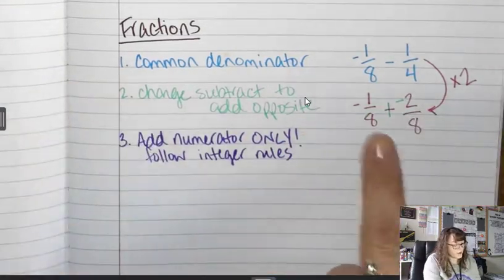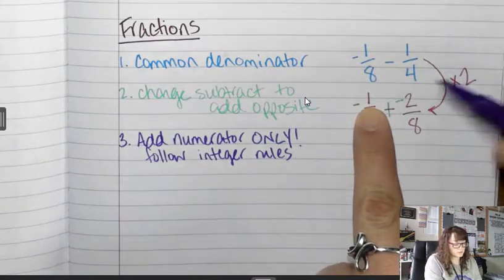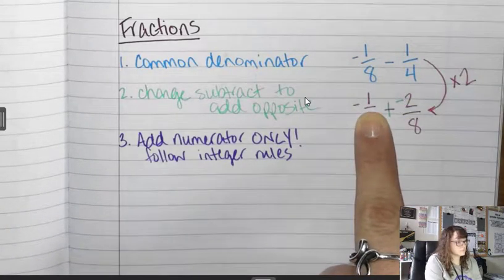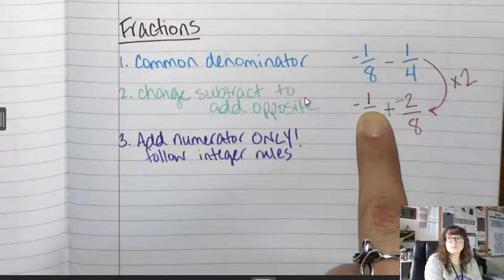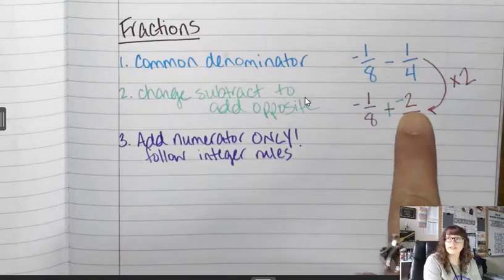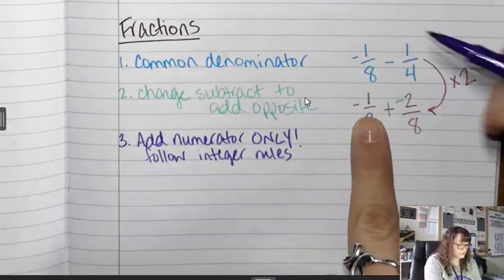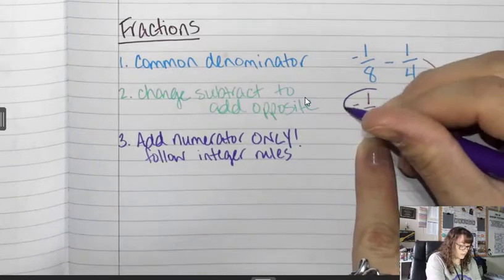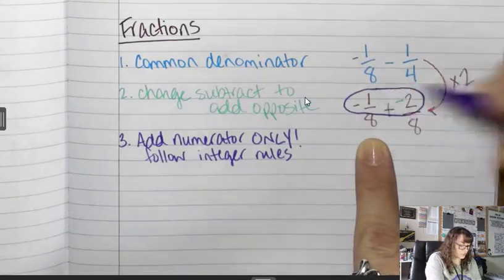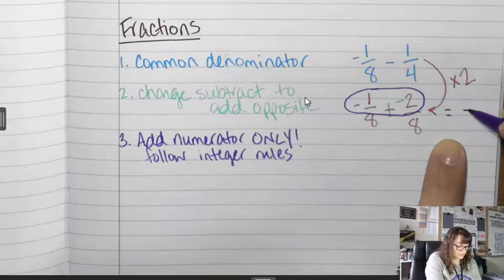So my numerator over here is a negative 1. And my numerator over here is negative 2, so I'm going to do negative 1 plus negative 2, which is negative 3.